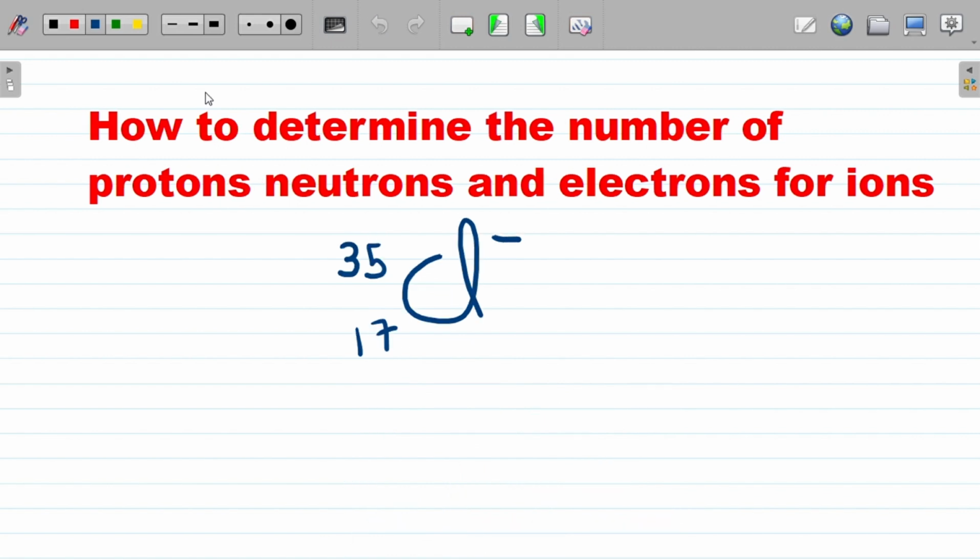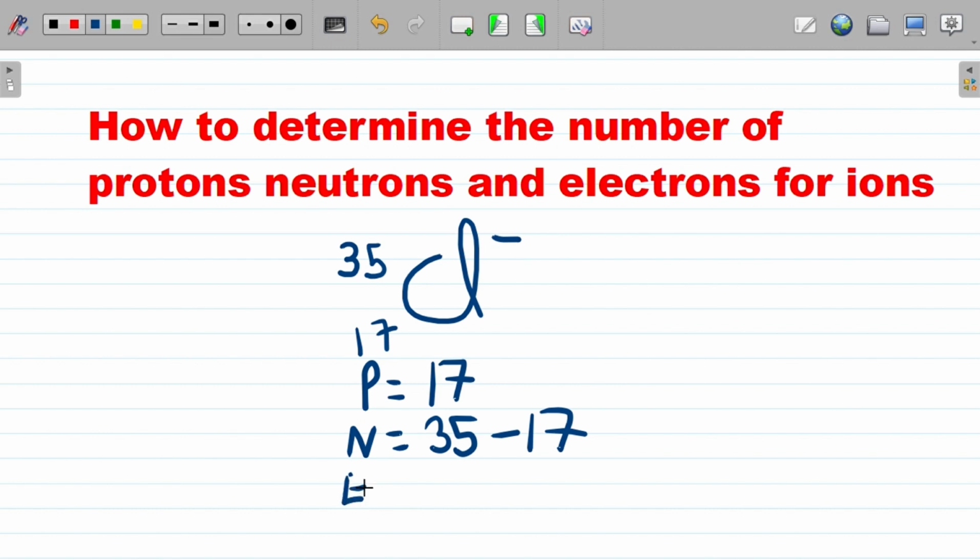Next up, we have chloride ion with a negative 1 charge, and this is protons 17, neutrons 35 minus 17, and electrons 17. Oh, I'm sorry.